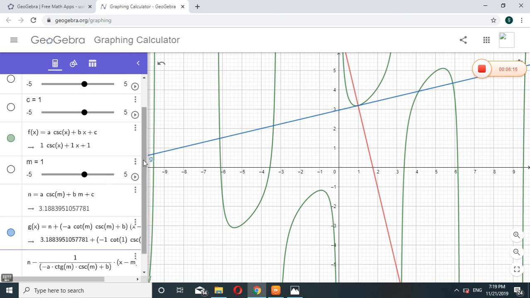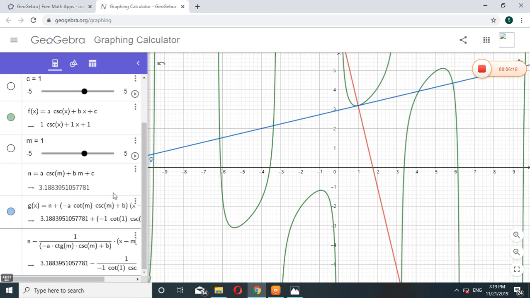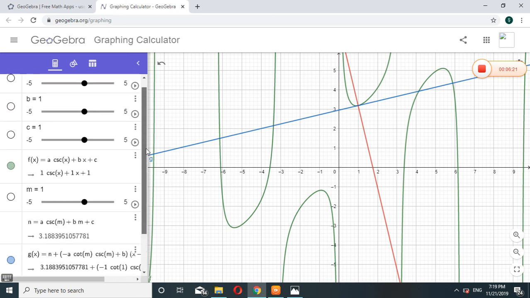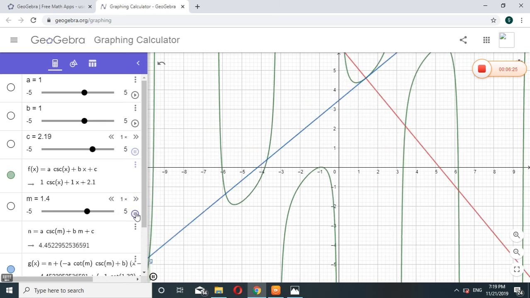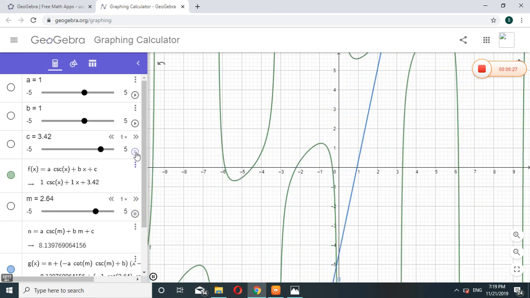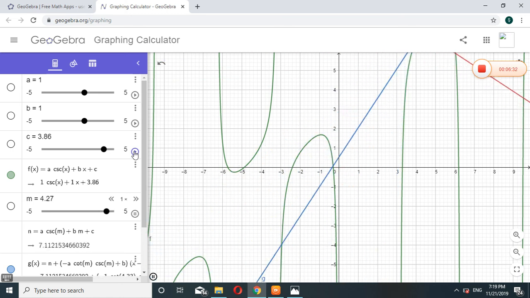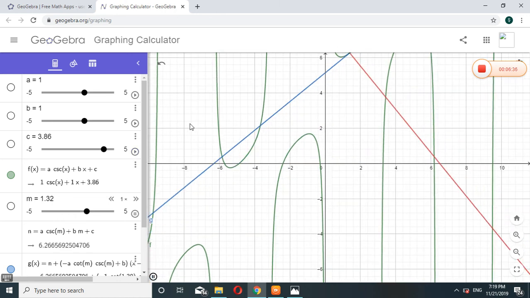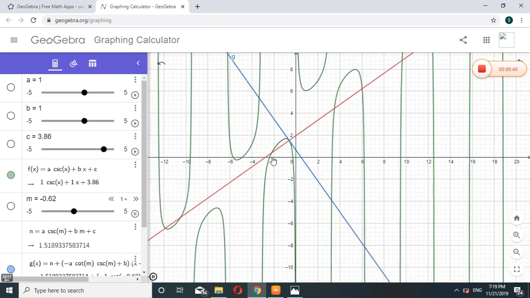Now let's change the values of the normal line and tangent line. Let's see what's going on here. Let's make it a bit smaller in order to see.